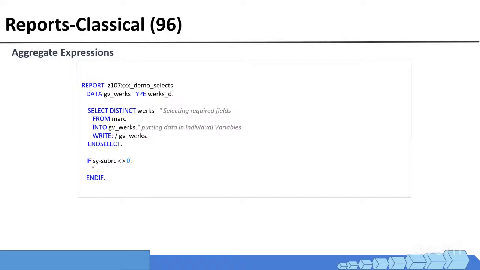MARC plant may repeat, because the primary key is MATNR and WERKS. So if you want unique values, you can go for aggregate expressions.